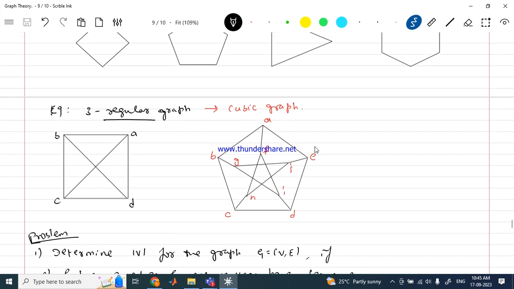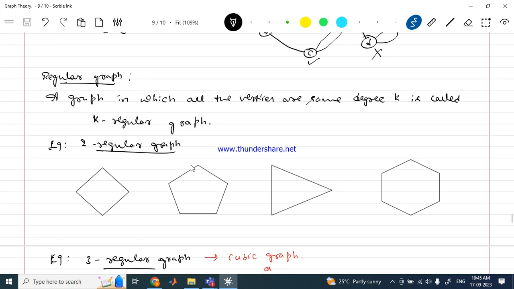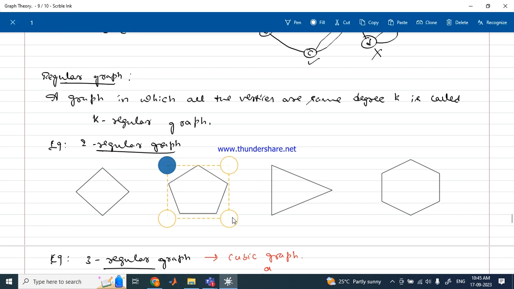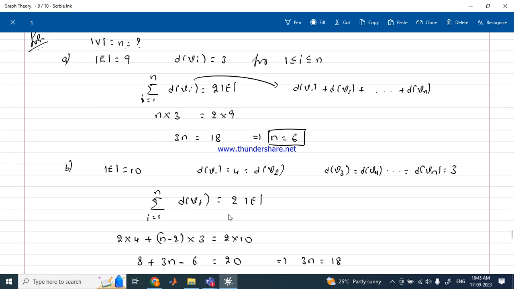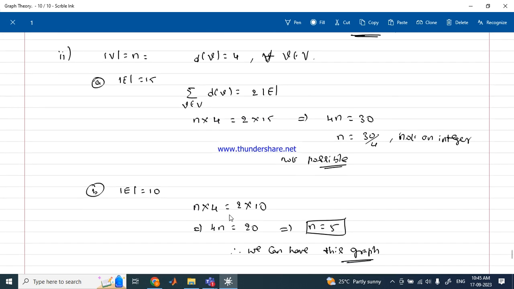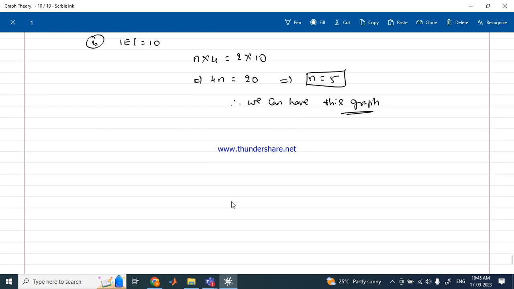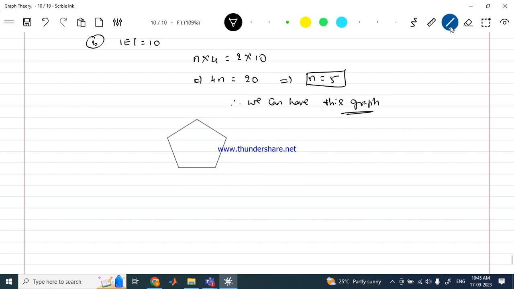I will just show you how it looks. You need not write this in the exam. It's just to show you how this graph looks.